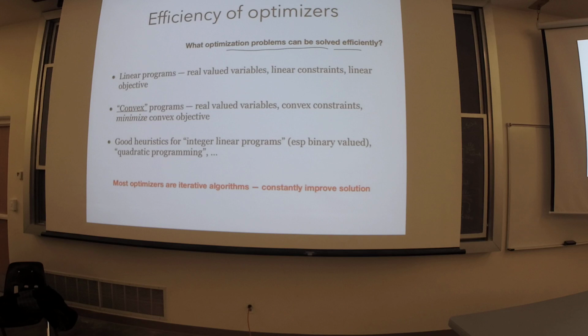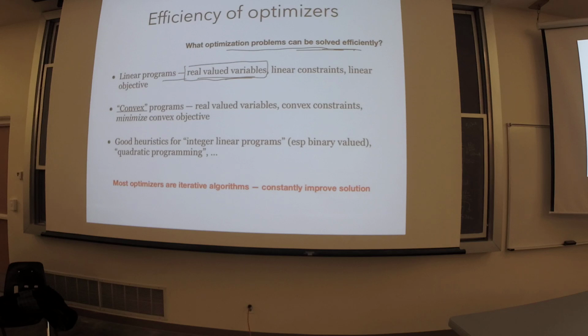So one example of problems that we can solve efficiently are linear programs, where you have real value variables, and constraints are linear, and the objective is also linear. Okay, we will see them in a little while. The important thing here is that these are real value variables.